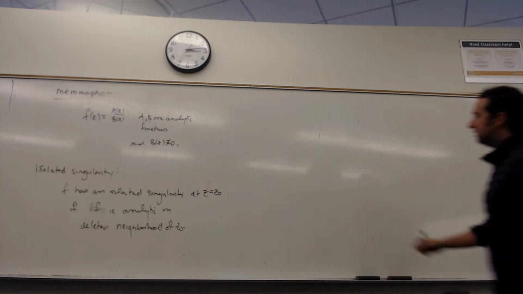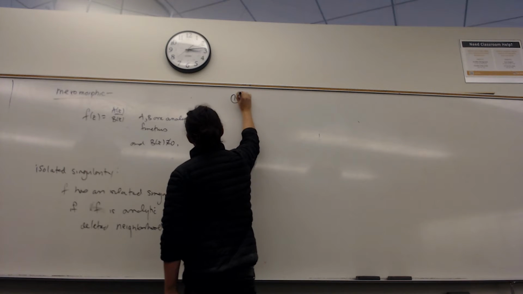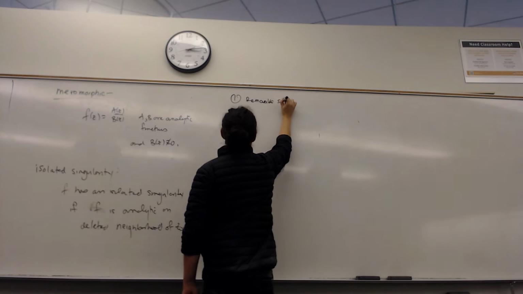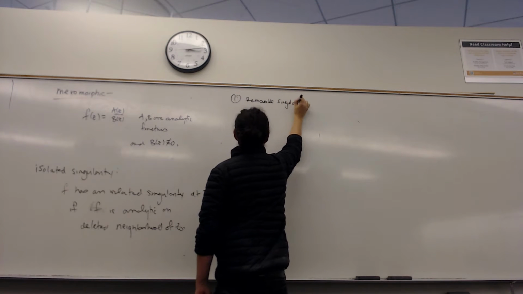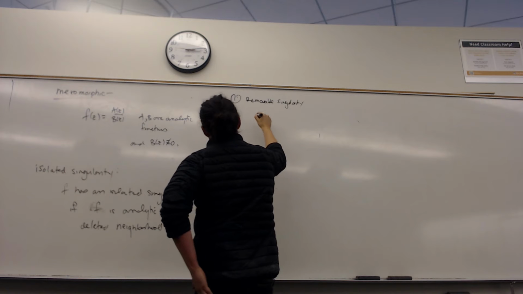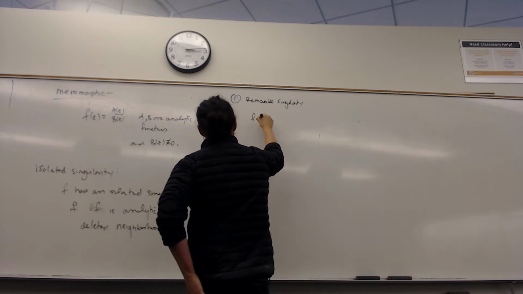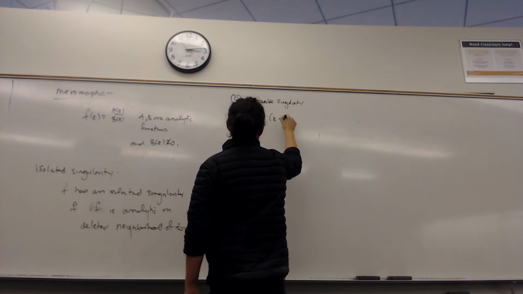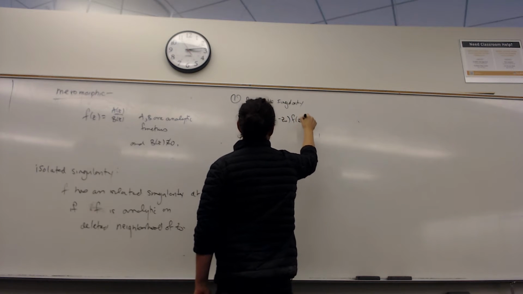We said that we had removable singularities, and those are characterized by the limit as z goes to z naught of z minus z naught times f of z being 0.